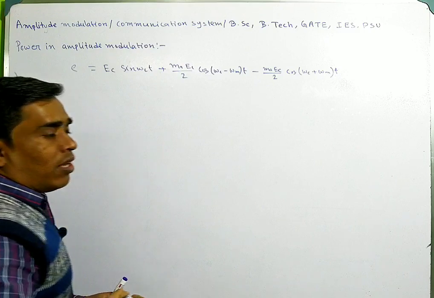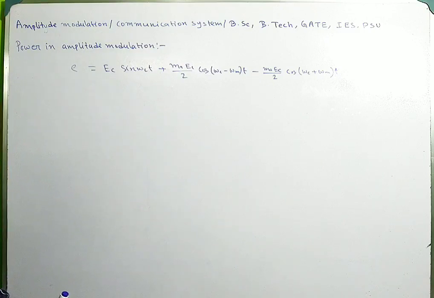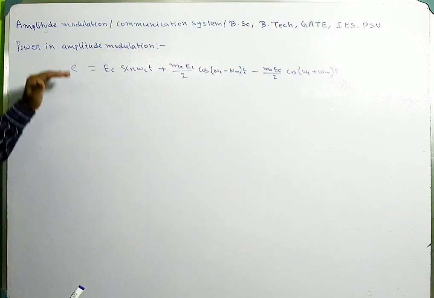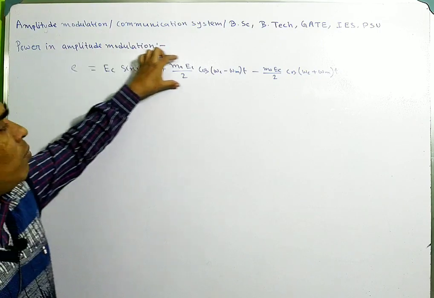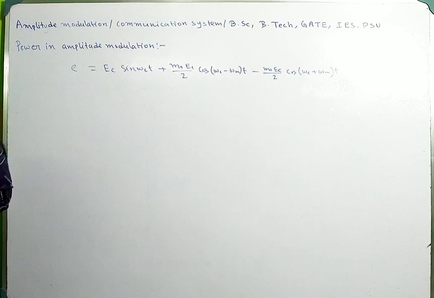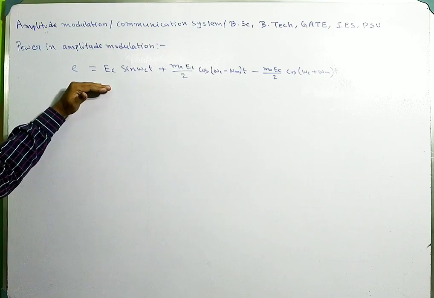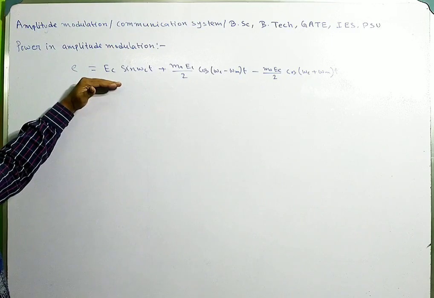This is the mathematical equation of the amplitude modulated wave. This equation was derived in an earlier class.